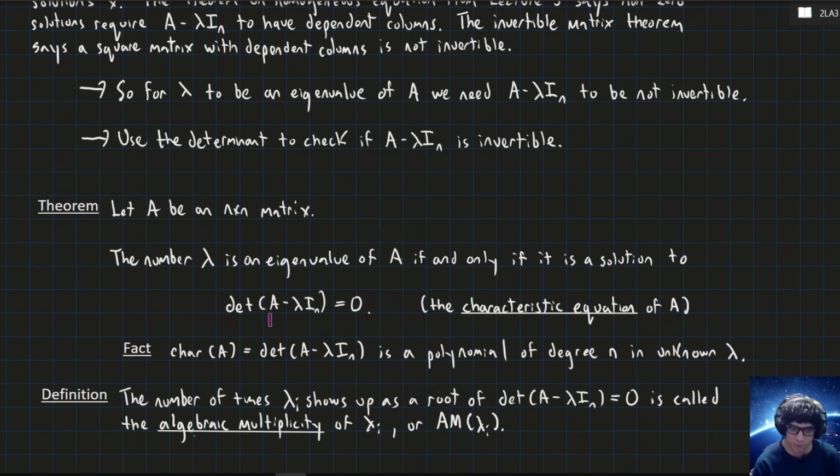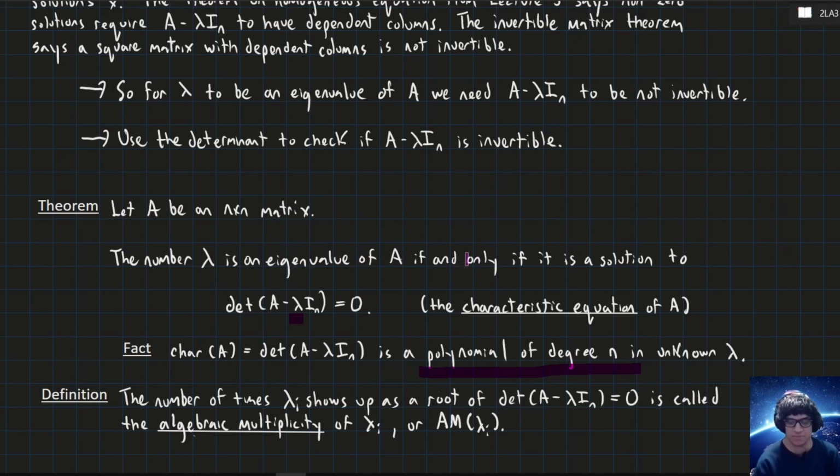We form the matrix A minus lambda times the identity, and then we take the determinant of that matrix. The determinant is usually a number, but since we have an unknown lambda here, what the determinant becomes is a polynomial of degree n.